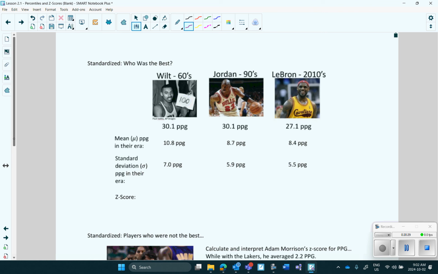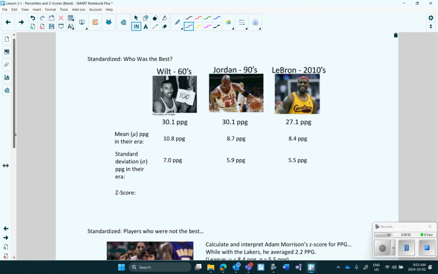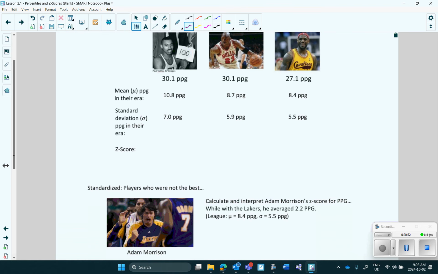But it all depends on how everybody else did in that era. Okay, maybe these were high scoring eras and their scores aren't actually as high compared to everybody else. Maybe this was a lower scoring era. That's important in order to compare, which is why we standardize. So in order to standardize, we need to know in each of these eras, what was the average points per game?